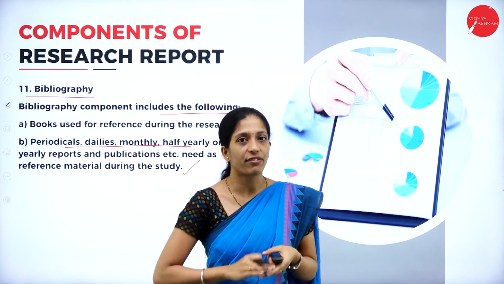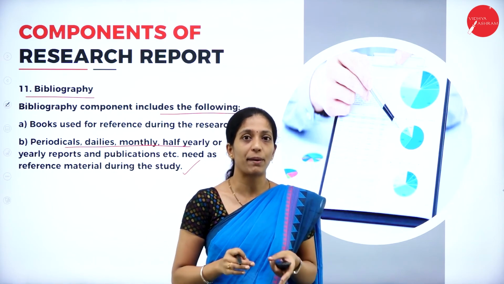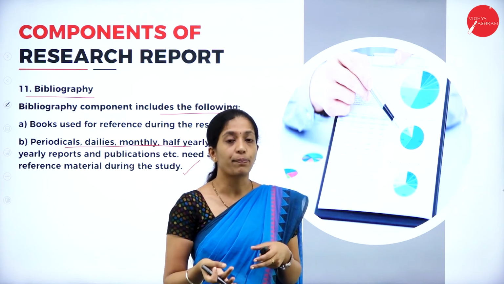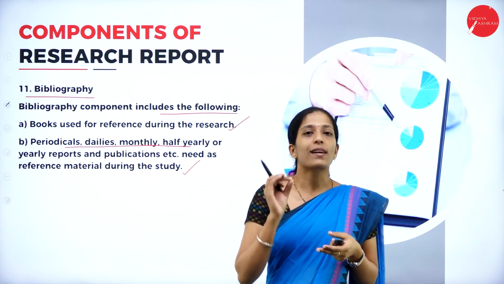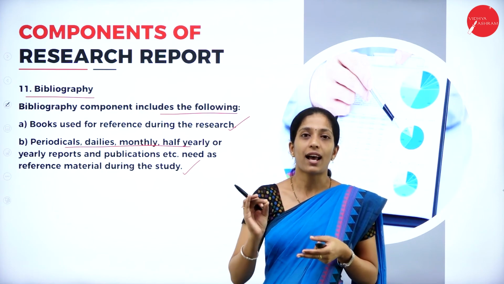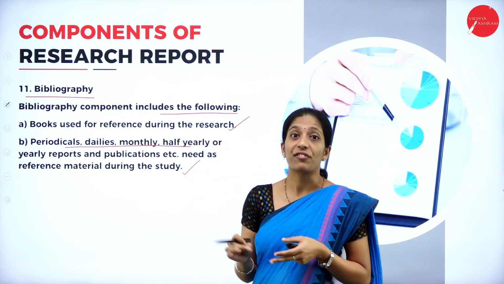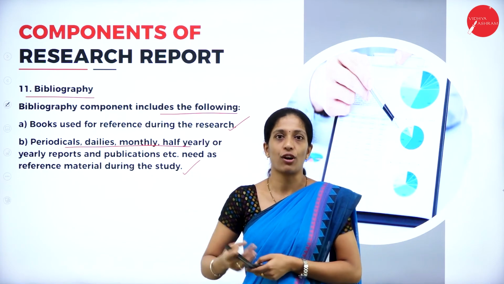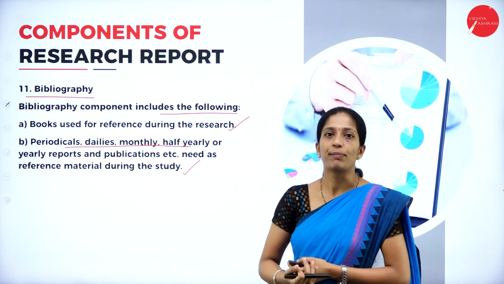So he has to refer to certain books which have already been published, or he might have referred to previous research articles or previous reports, periodicals. So what he has referred to has to be written under bibliography as reference books or reference articles or reference periodicals. Okay, so this is about bibliography.